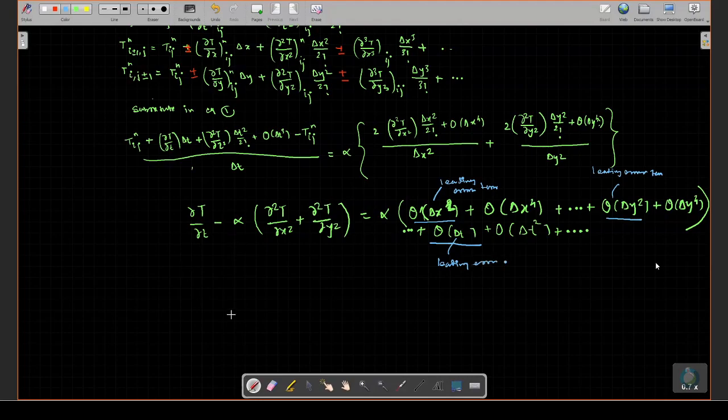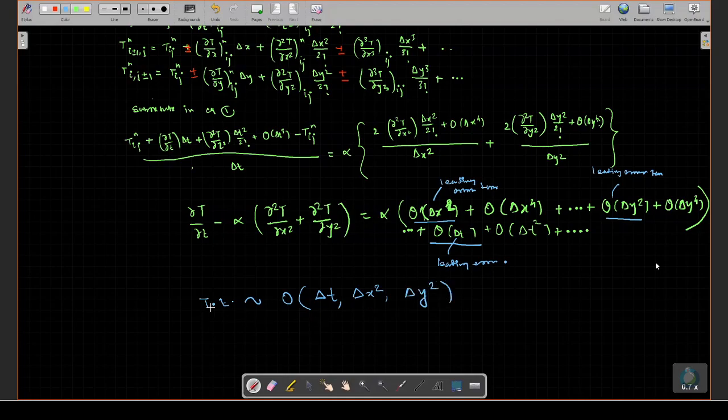Okay, so this particular scheme has a truncation error of order, it is written like that, order delta t comma delta x square comma delta y square.